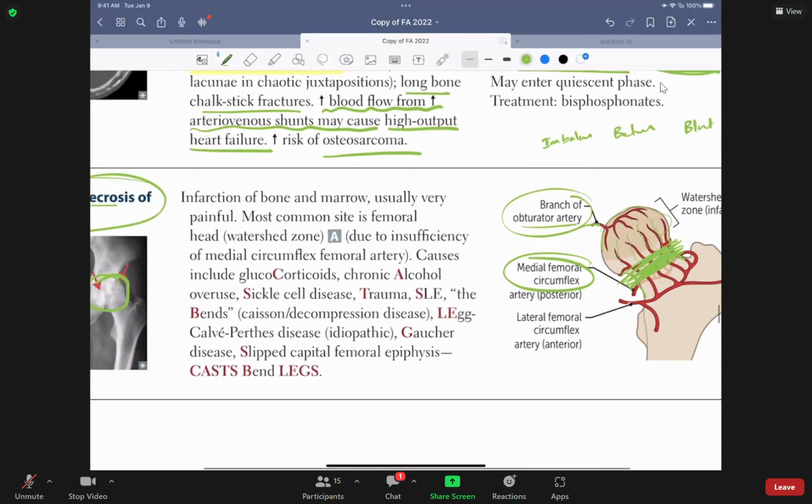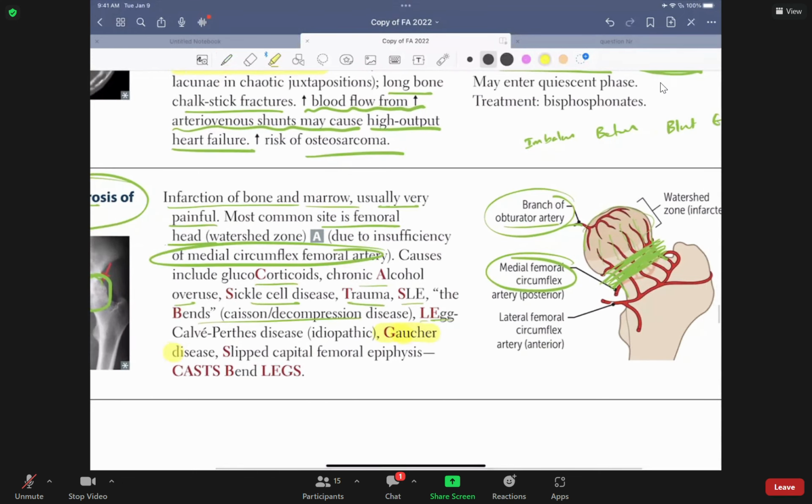Now, it's an infarction of bone and marrow, usually very painful. Most common site is the femoral head. Causes include steroids, chronic alcohol use, sickle cell disease. Why? The cells can sickle and block the blood vessels. Now, trauma, SLE, and some congenital problems.